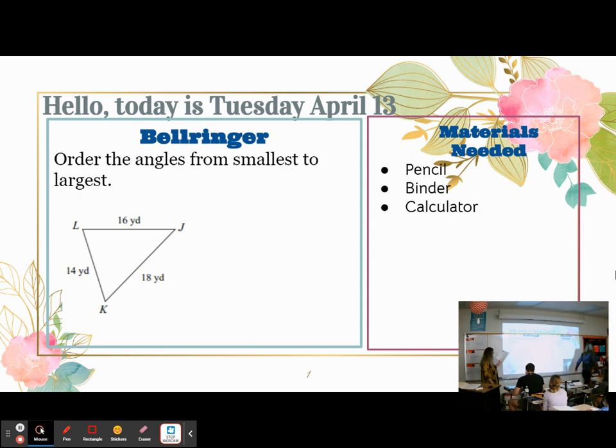And then in 5, 6, and 7, is it possible to construct a triangle with the given side lengths? Explain. And then 8, 9, and 10 say describe the possible lengths of the third side of the triangle given the lengths of the other 2 sides. Okay, so problems just like in our notes. So you're going to want to use your notes.